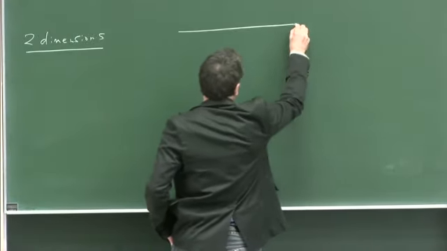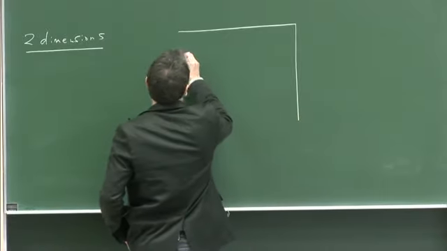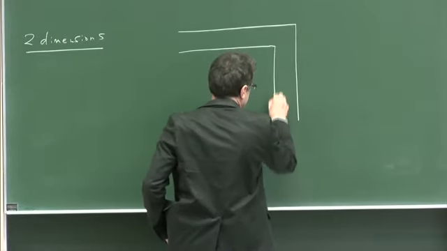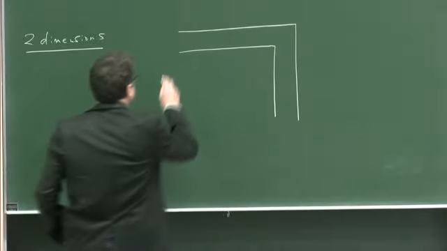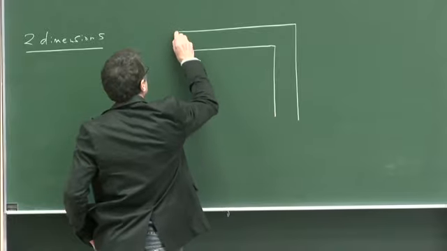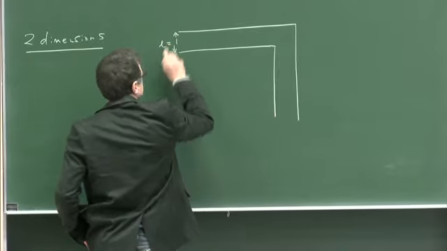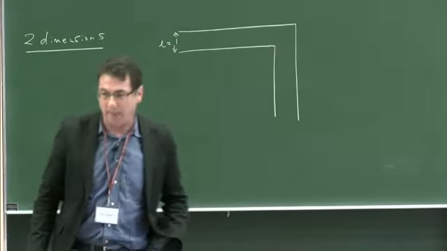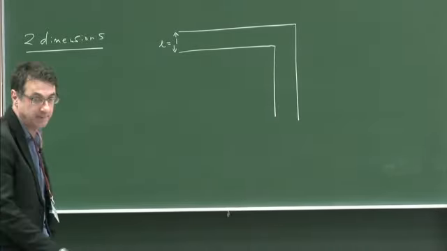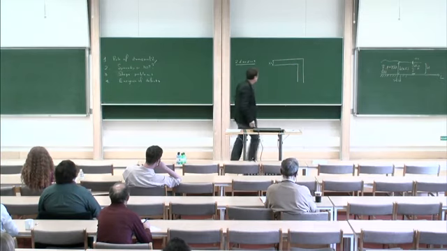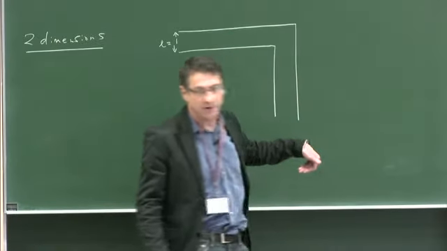Supposing you have some L-shaped region like this. It's a 2-dimensional corridor, and it's of width 1. L equals 1 here. And you're moving 2-dimensional furniture around. So you're moving a sofa around, and it has to be maneuvered around this corner.